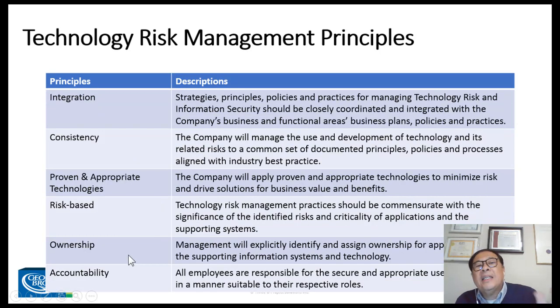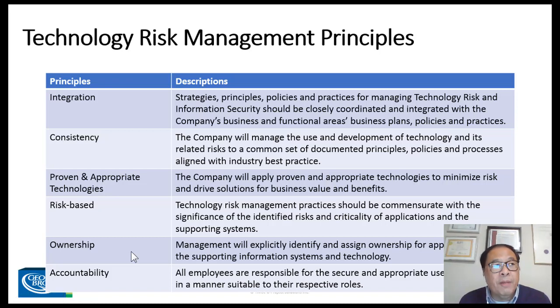So basically, these are the principles important for the reader to understand why we need to have the risk management process: to make sure these principles are being adhered to from a company objective point of view.